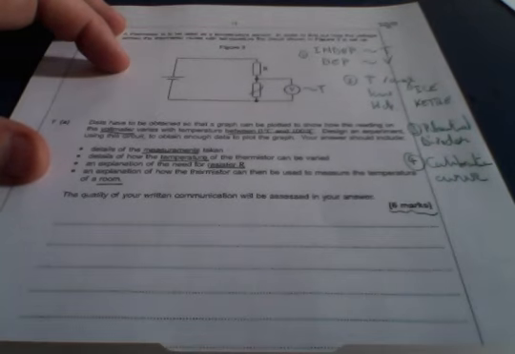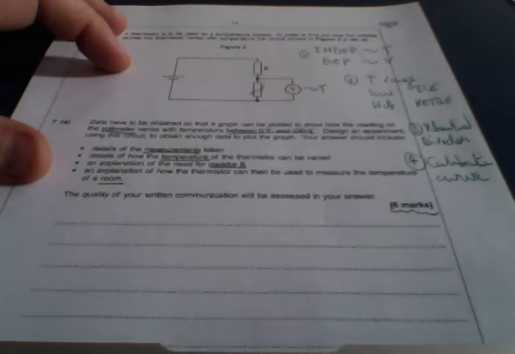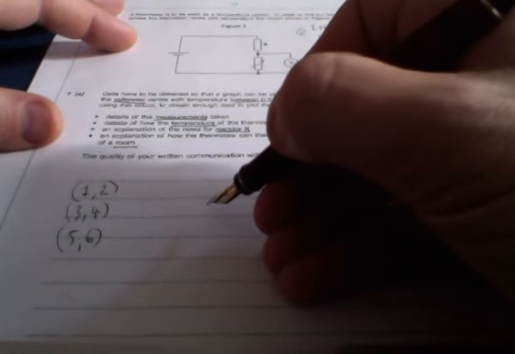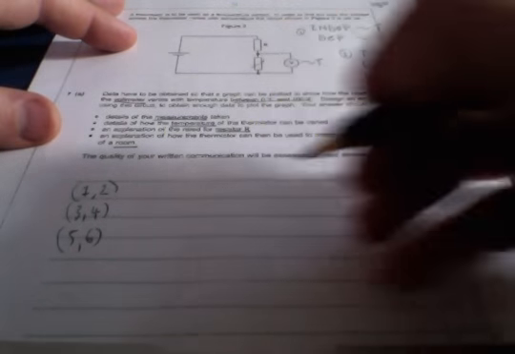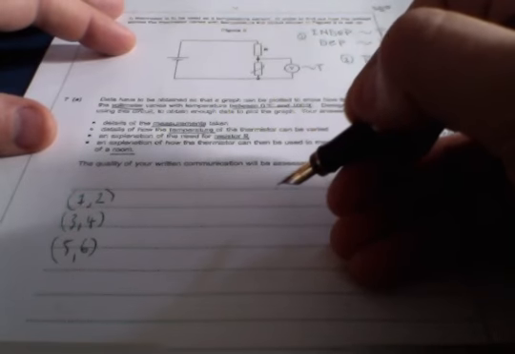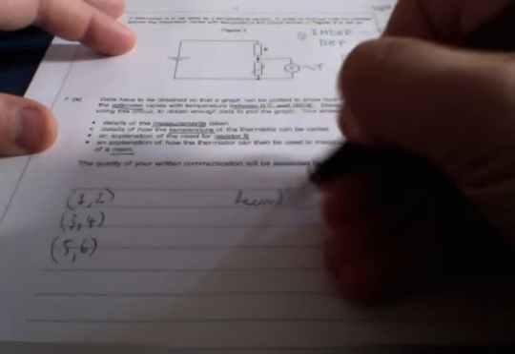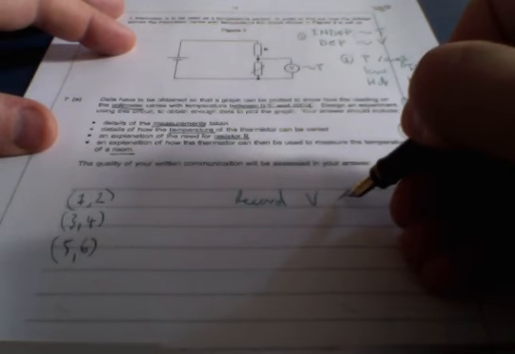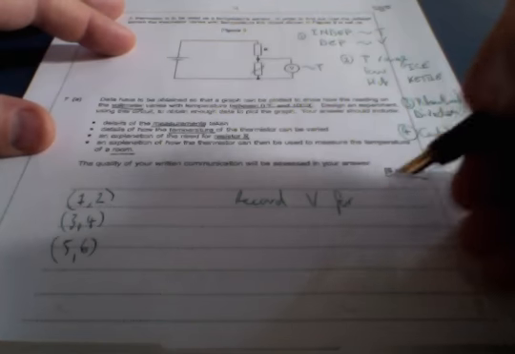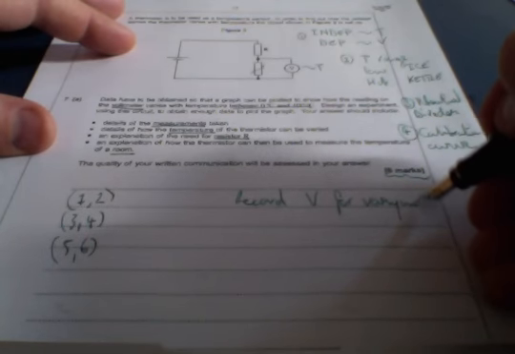Shall I tell you what the mark scheme is actually looking for? They have, break them down into 1 and 2, 3 and 4, 5 and 6. So, in order to get the 3 and the 4, in order to get these, let me just write down what they were looking for. They were looking for record voltage for varying temperatures.